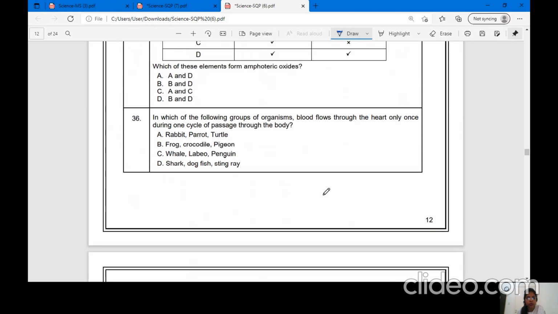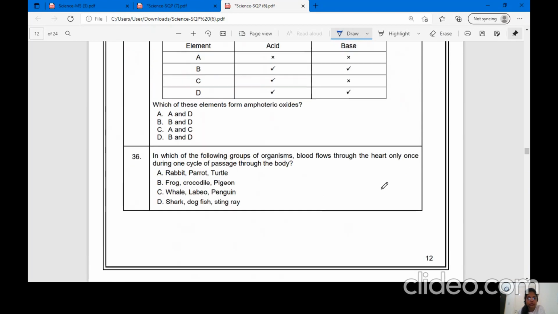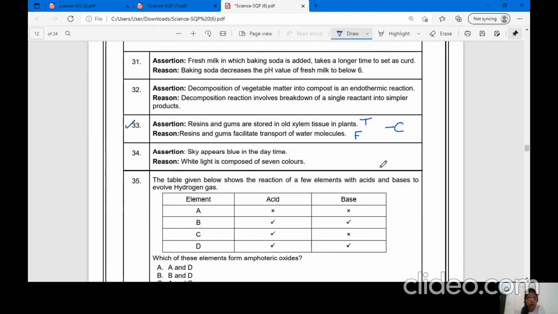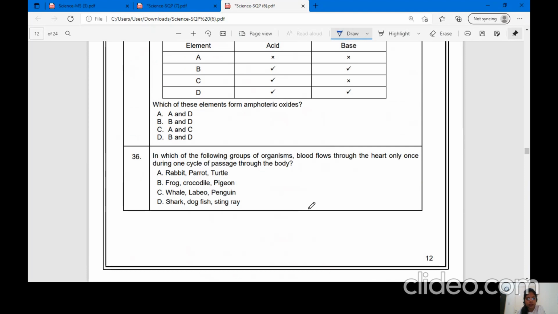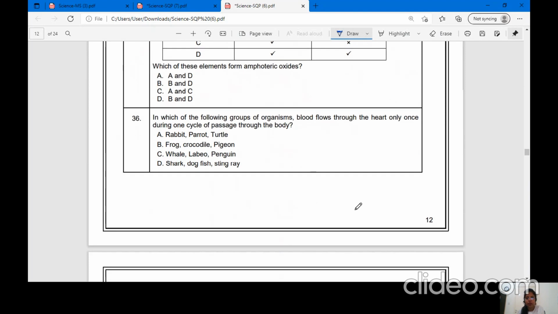Okay, now come down. Question number 36. Assertion, and this is very easy, so I'm going to tick twice. Okay, this is so easy question. Now question number 36. In which of the following groups of organism blood flows through the heart only once during one cycle of passage through the body?